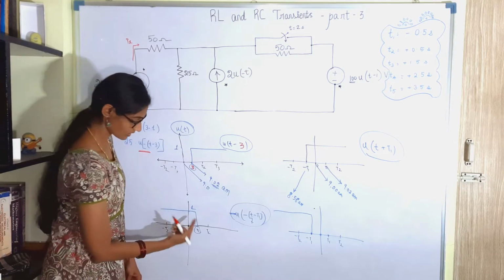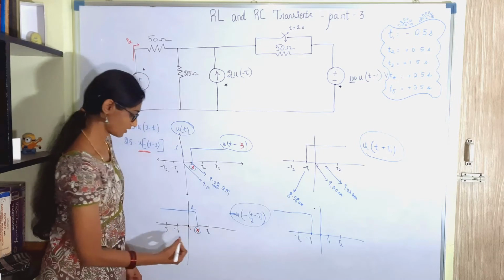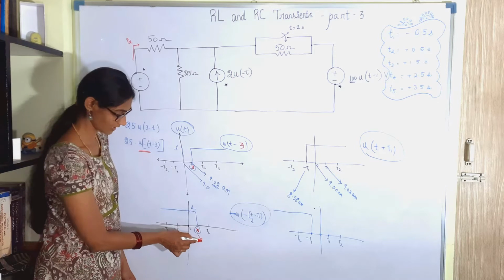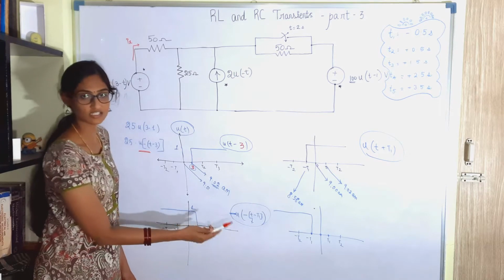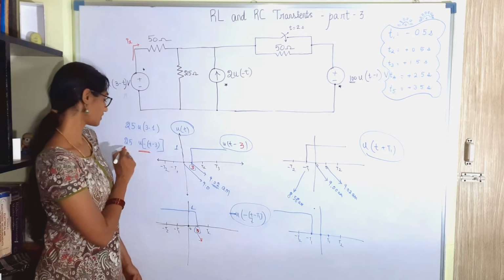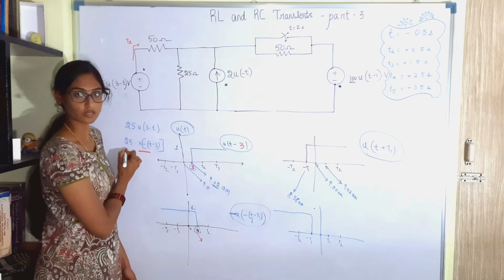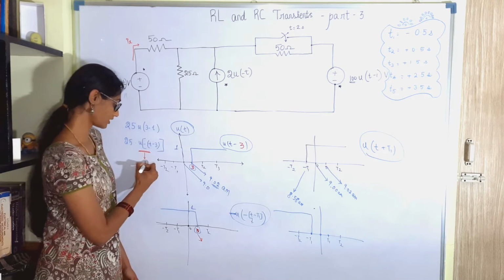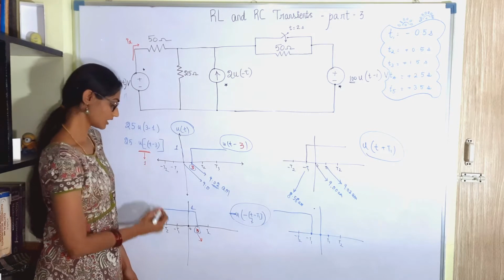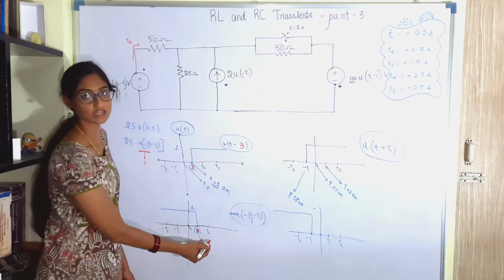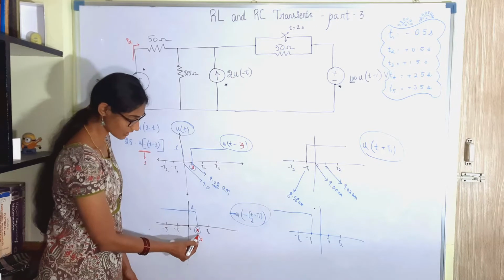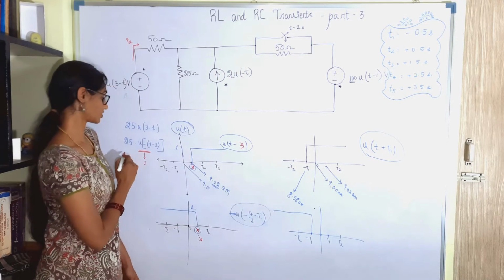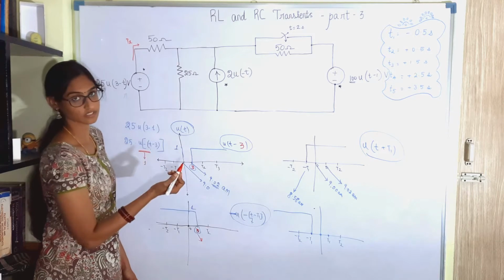So this signal is 1 till the third second, and the voltage will be 25 volt till the third second, because the value of this is 1, from minus infinity till the third second. After the third second till infinity, this is going to be 0. So 25 into 0 will be 0.